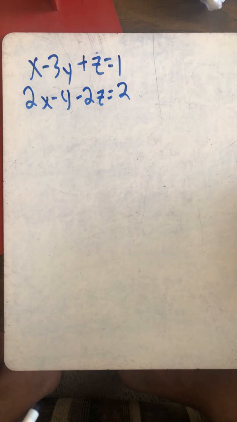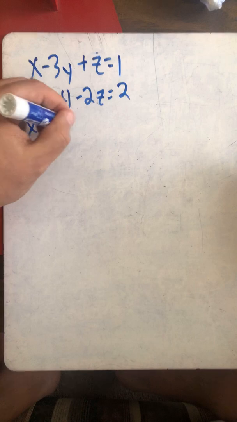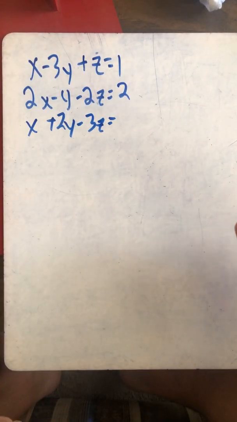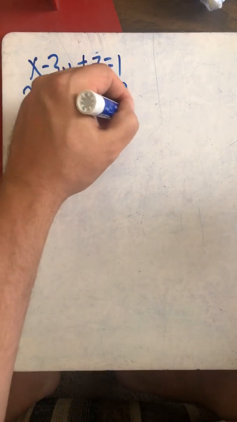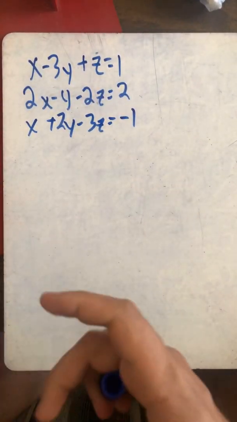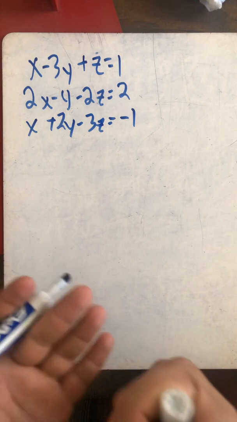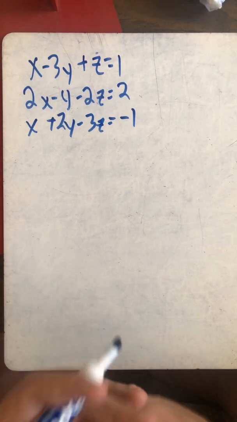And last but not least, x plus 2y minus 3z equals -1. Now again, 3 variables, 3 equations. Now this time there's none with a missing variable to make it easier on ourselves.